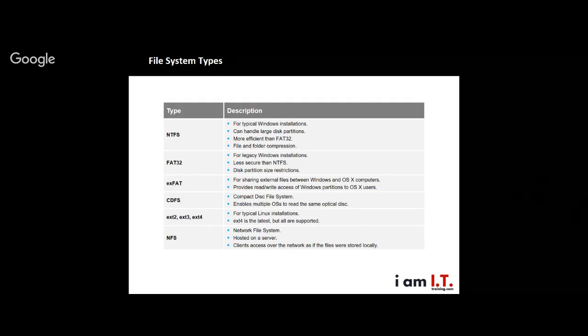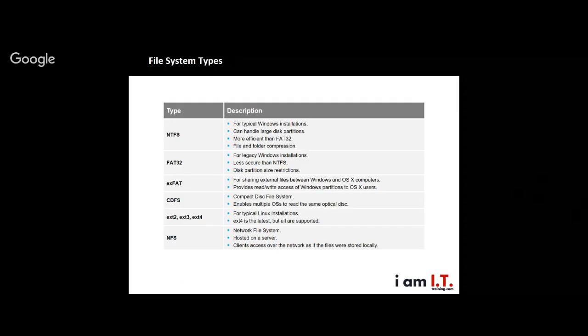So let's take a blast to the past for a minute. You see the word legacy, and that definitely means old. So FAT, or a file allocation table file system, is the older formatting option and should really only be used if you're using an older operating system. So how old do I mean? Well, Windows 95 and Windows 98 would be good options for this.